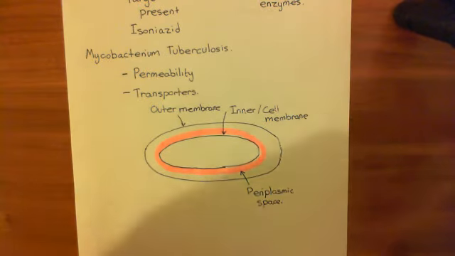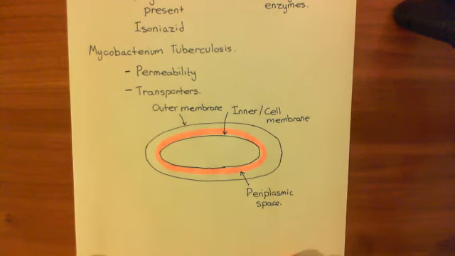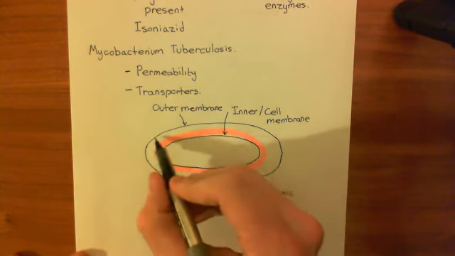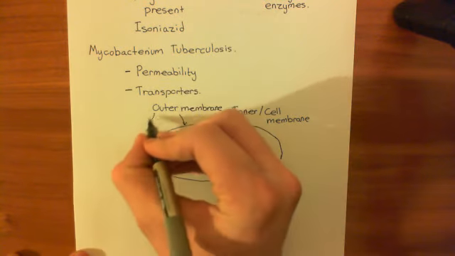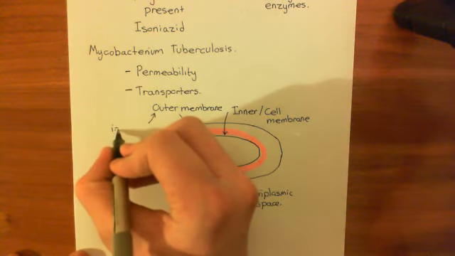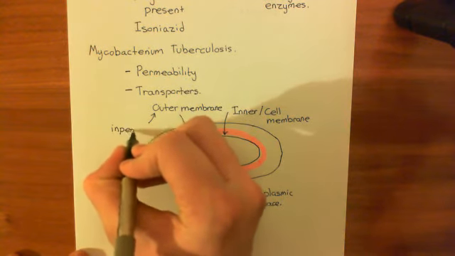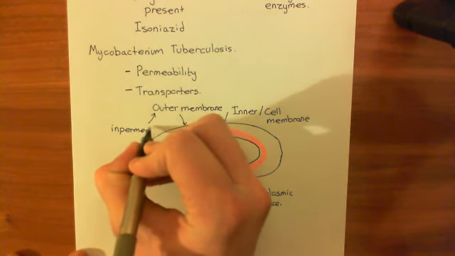Right, so firstly then, the first reason that Pseudomonas is very intrinsically resistant to our antibiotics is that this outer membrane is extremely impermeable. It's very, very difficult to get drugs to go through that outer membrane.